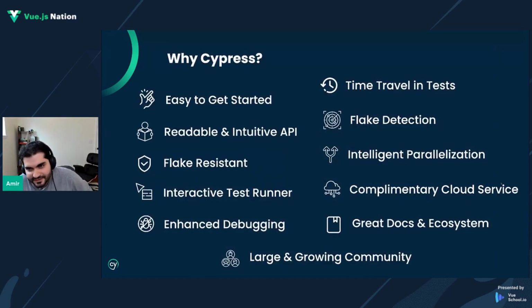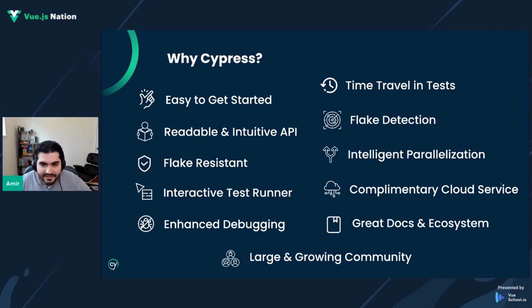Why do people even look at Cypress? Why do you even consider it? There are so many testing tools out there. One of the reasons so many developers have come to adopt Cypress is that it's frankly easy to get started, especially when you need to use a real browser to test things. The API is very friendly and intuitive, and architecturally it was developed with the concept of resisting flaky tests from the ground up, which is one of the number one problems in the world of testing.